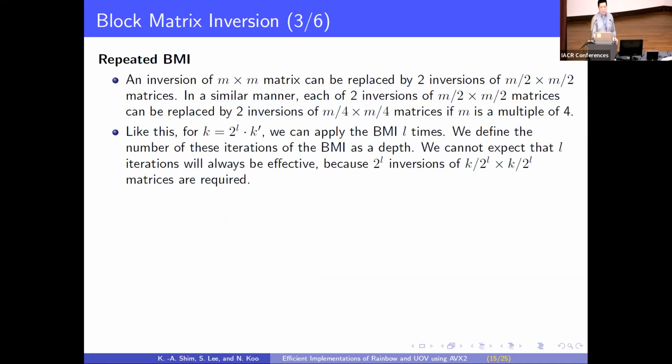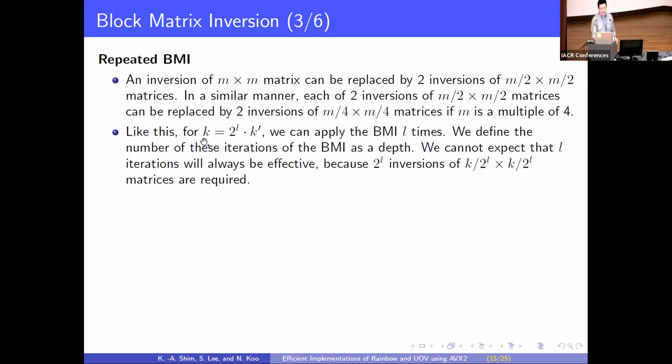An inversion of an M by M matrix can be replaced by two inversions of M over 2 times M over 2 matrices. In a similar manner, each of the two inversions of M over 2 times M over 2 matrices can be replaced by two inversions of M over 4 by M over 4 matrices if M is a multiple of 4.